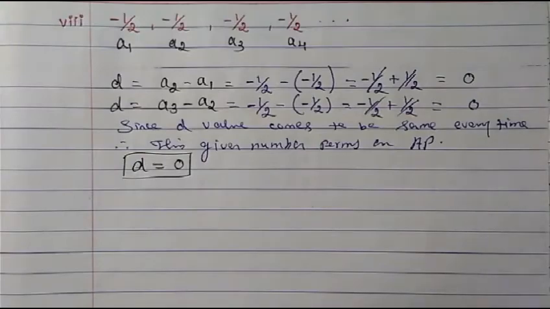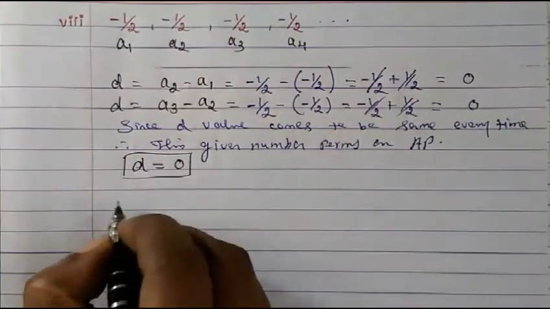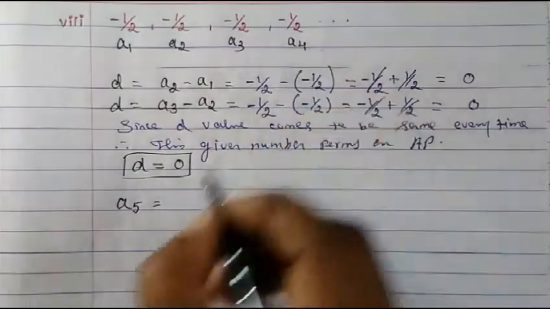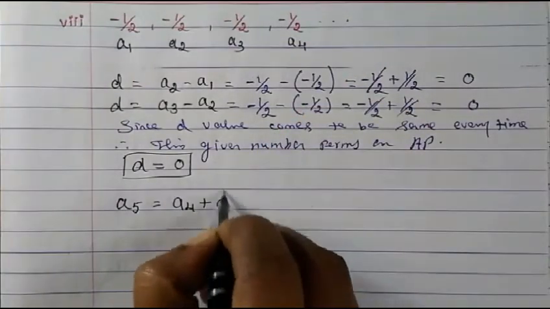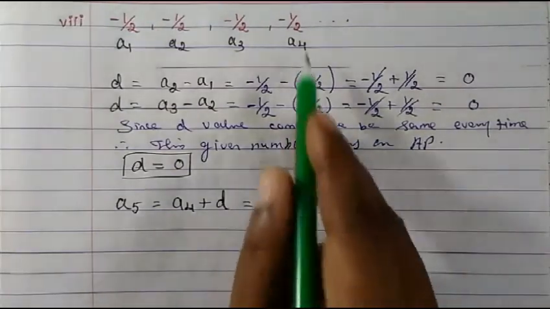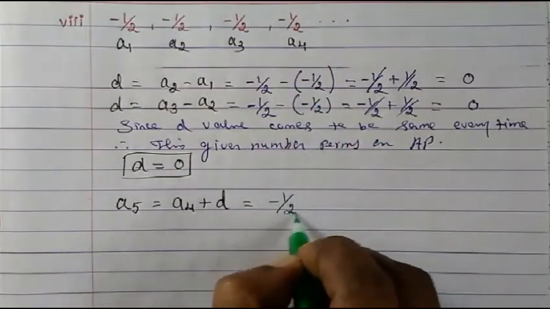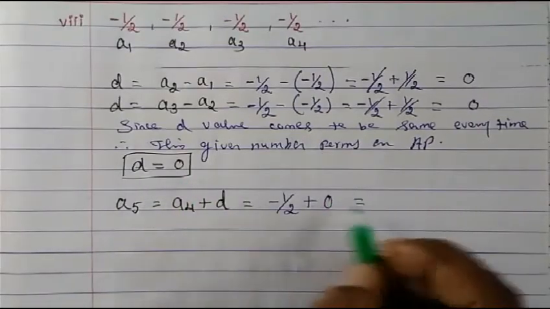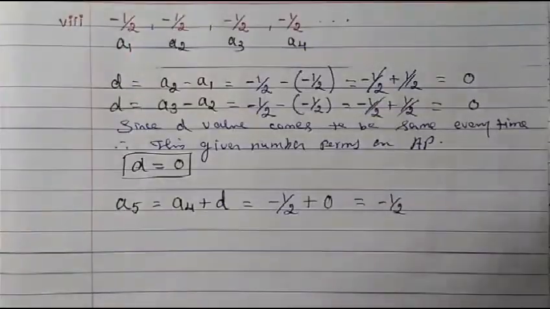Now we have to get the next 3 terms. A4 is there, so for A5 we have to add A4 plus D. A4 is minus 1 upon 2 plus D is 0. If you add 0 to any number, you will get the same number.